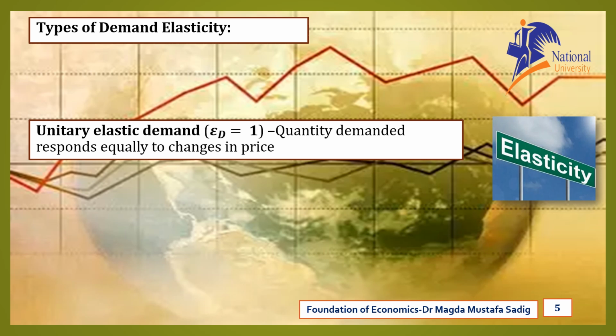In summary, elastic demand means people are very picky about price. Inelastic demand means they will buy it anyway. And unitary elastic demand means the change in price and quantity is balanced. So understanding this will help businesses and economists to predict how price changes may affect sales.